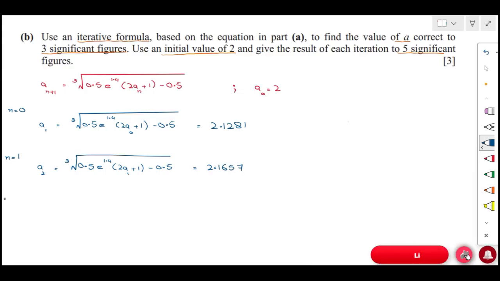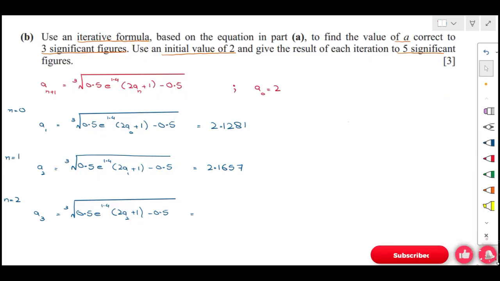Okay, let's do another iteration. So we have a3, which is the cube root of 0.5 e to the power 1.4 times 2 times a2. This is your a2, plus 1 minus 0.5.